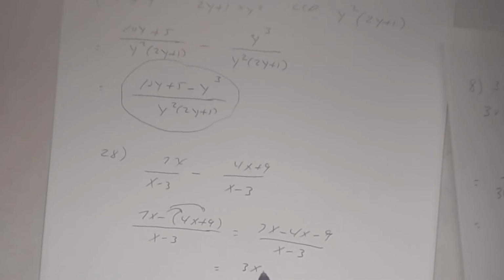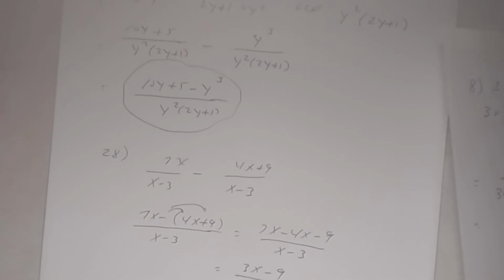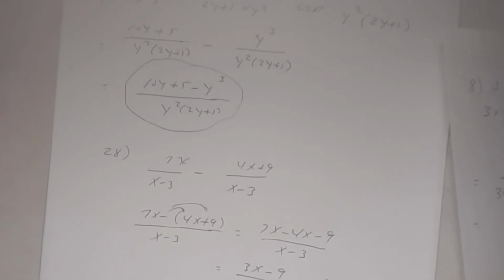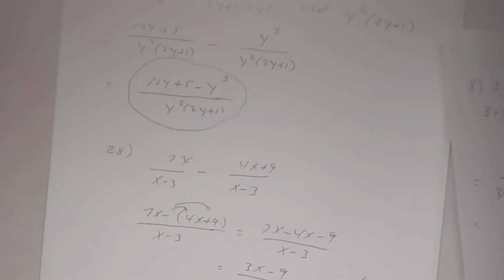So 3x minus 9 over x minus 3. Then you factor out the 3. So that's 3 times what? x minus 3, over x minus 3. Then you cross out the x minus 3 and simplify, putting 1 in their places. So 3 over 1. What's the answer? 3. This is 7.3, that worksheet that's due Thursday.